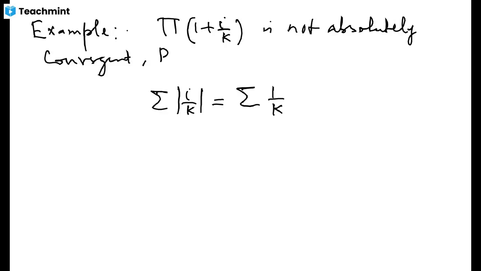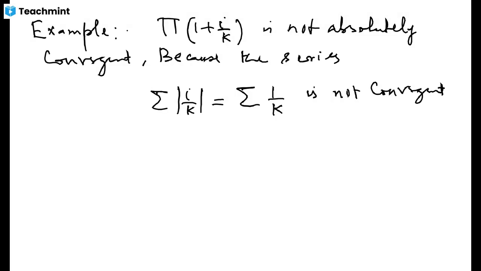And you know that this series comes out to be the harmonic series and this series is not convergent. And the absolute convergence of this product happens if and only if this series is convergent. So this series is not convergent, therefore this product is not absolutely convergent.